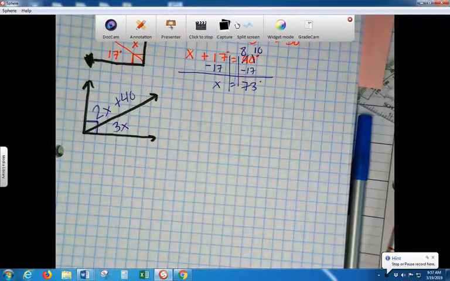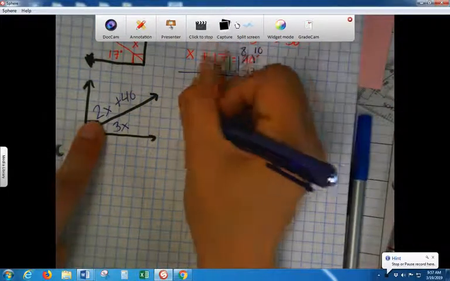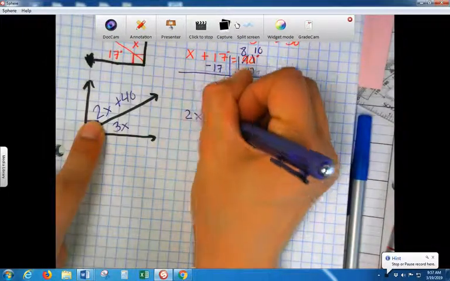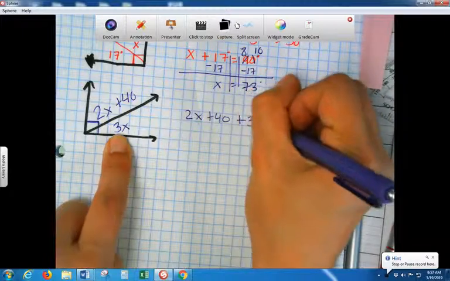Well, what do you know about complementary angles? They equal 90 degrees. So what would you write down? 5x plus 4 equals 90. You're right. So you know that this angle, 2x plus 40, plus this angle, which is 3x, all has to equal 90.